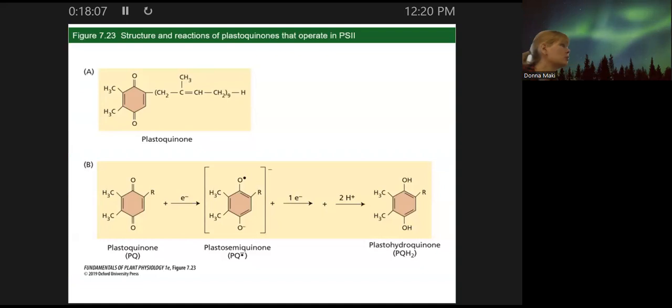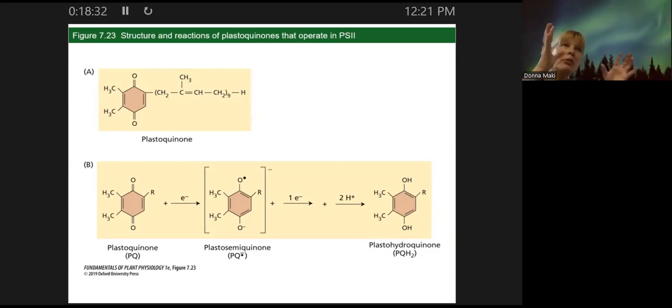So here in visual is what we just talked about, where you have that plastoquinone. And here you can see in figure B that what they did is they took this tail, the side chain, and they replaced it with the letter R. So it's just easier visually. So figure B, you see 1 electron coming in, and they put it as PQ dot minus.